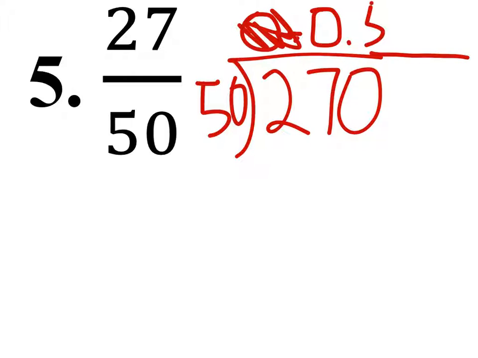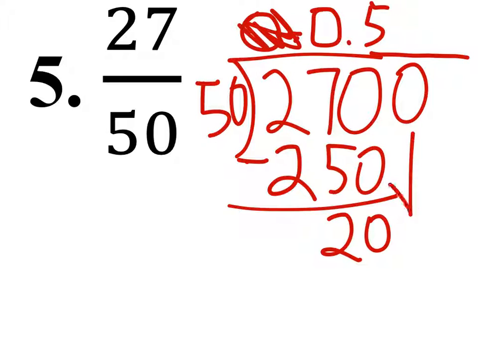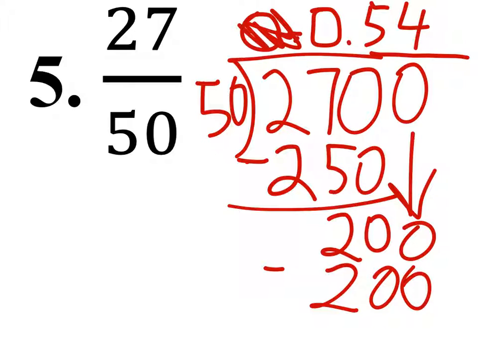So 5 here, minus 250, and then minus 20, and then bring another 0, and then 50 goes into 200 4 times, and minus 200 is 0. So that's the answer.